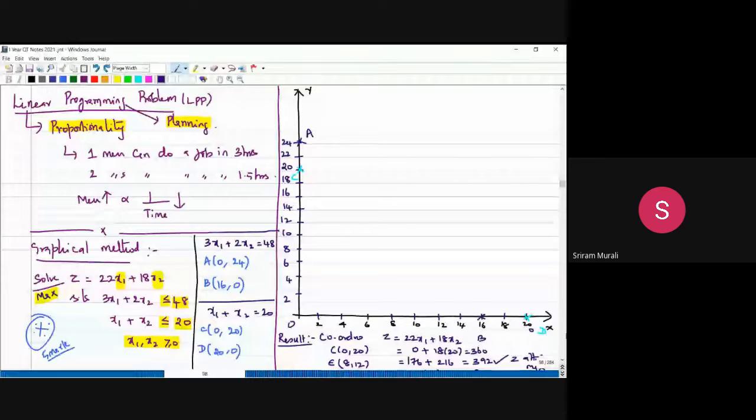I have to connect A and B. It should be this. Then 20, 20. These two must be connected, C and D. C and D connected means it will be like this.